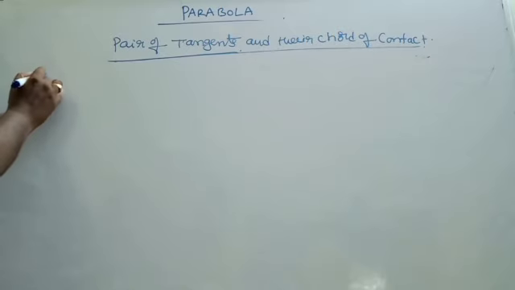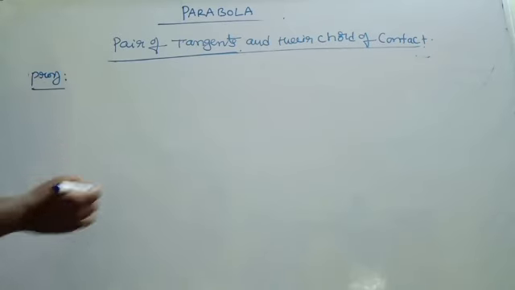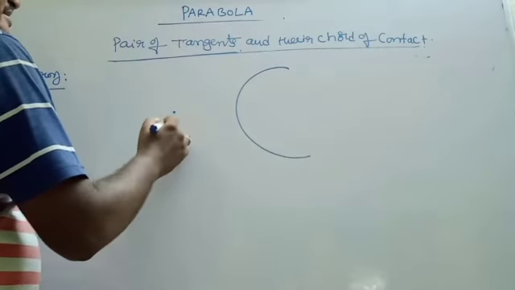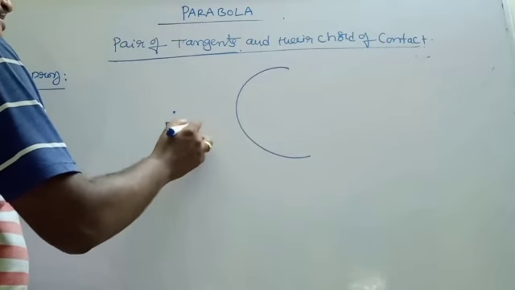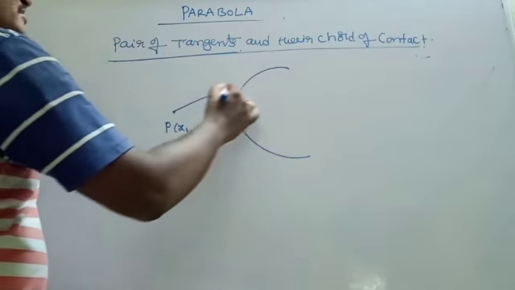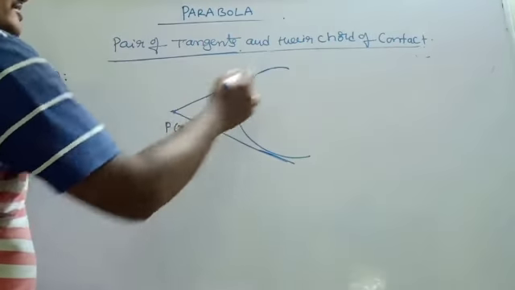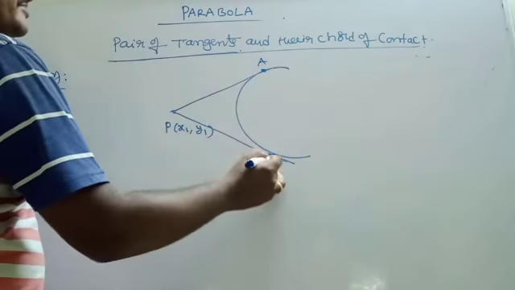See the proof part of it. Suppose you take the diagram, my dear students, and you have an external point P(x1, y1). These are the pair of tangents you are drawing, with points A and B like this.